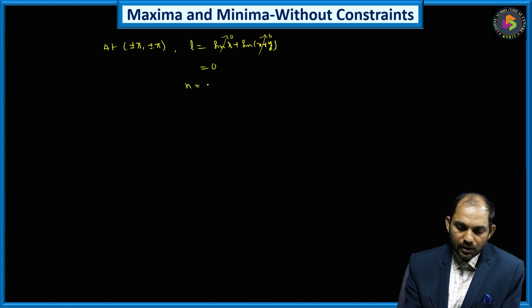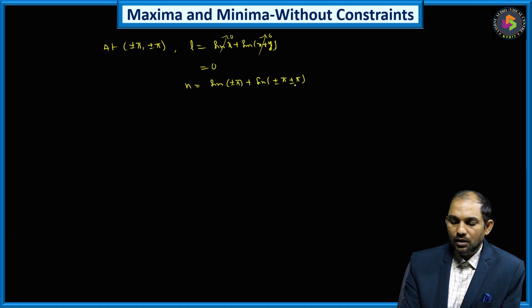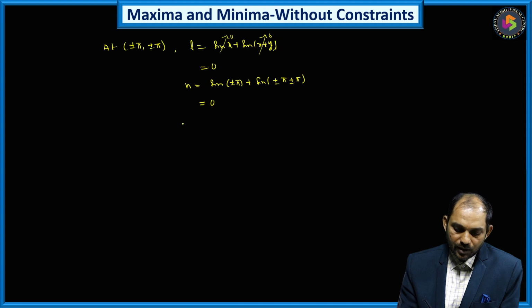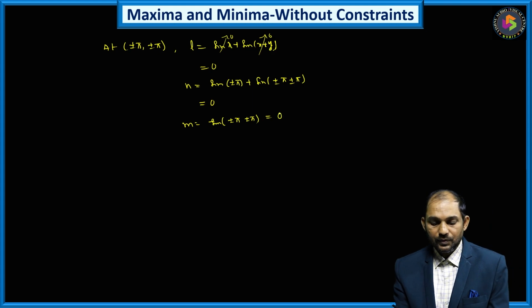With the same argument, n is also sin of plus or minus pi plus sin of plus or minus pi plus or minus pi. In total we will take sin 2 pi or sin of minus 2 pi. In both the cases these terms are forced to 0. Then n is also 0. And m is given by sin of plus or minus pi and plus or minus pi, and again it will be forced to 0, right?